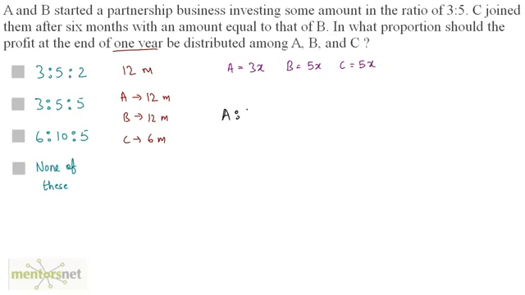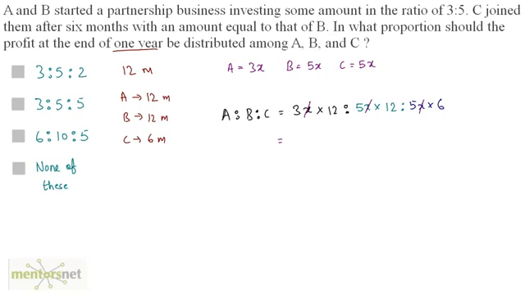So A is to B is to C is equal to the amount invested by A, which is 3x, times the time period, which is 12, is to B, which is 5x, times 12, is to C, so again 5x times 6. Dividing the complete ratio by x, we get rid of this x.